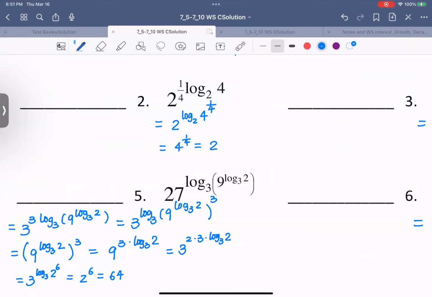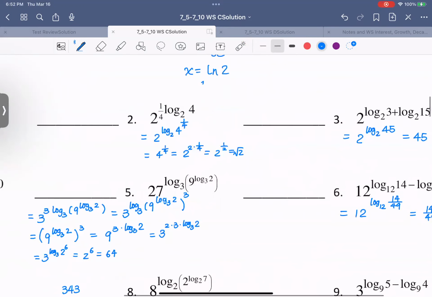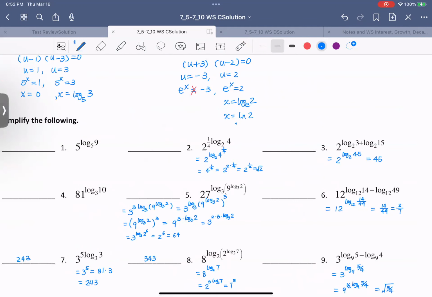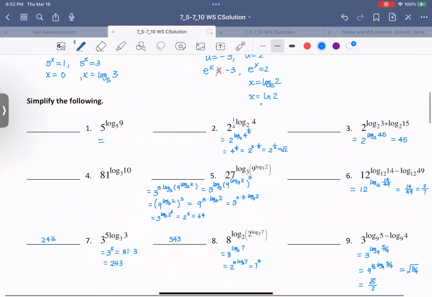So this is canceled. You will have this, but this is not the simplest version. 4 is 2 squared, right? So 2 to the power 2, and then times 1/4. This is 2 to the power 1/2. So this is square root 2. Okay. Very good. This one is easy. Just equals 9.